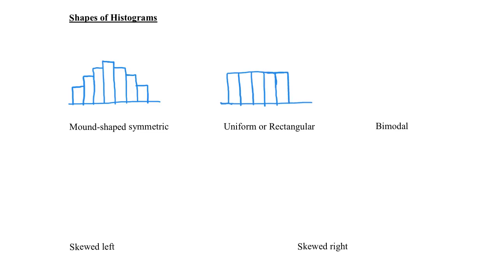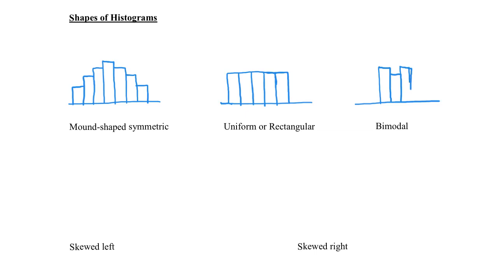It's not very exciting. Then bimodal is kind of what it sounds like. Bi meaning two, modes. There'll be two modes, so there'll be like a couple of bumps here. This is another one that we won't see too much. The bumps have to be separated by at least one class, so we'll have a couple of bumps.